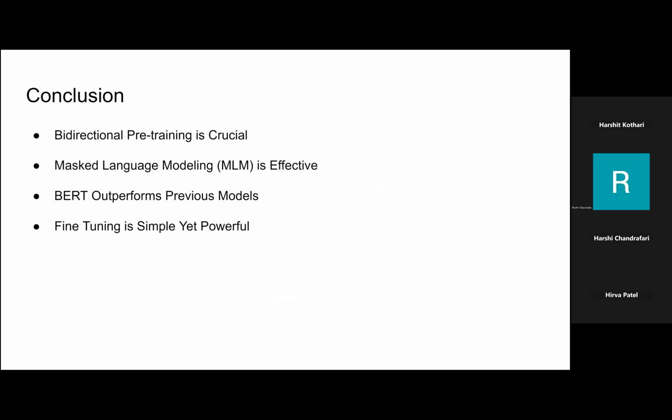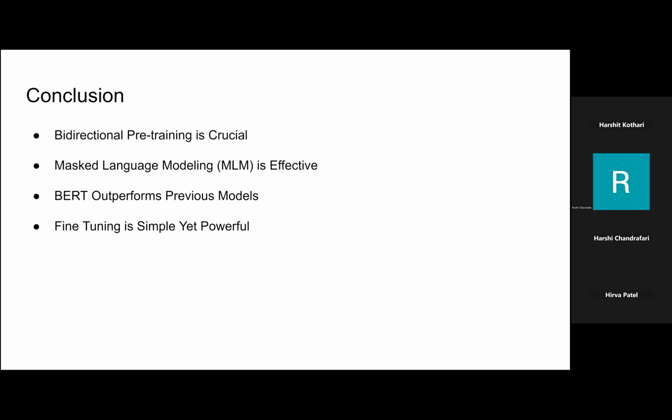So in conclusion, the speciality of the BERT model is the bidirectional pre-training, which allows it to have a better understanding of the language. The masked language modeling is very effective because it was found that with different masking percentages, let's say 100% random masking, or 100% same word, the model was not performing as well as the 80-10-10 split, but outperforms previous models.